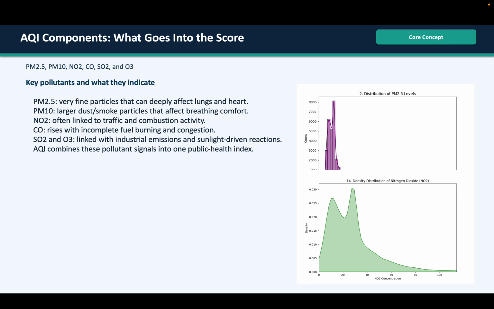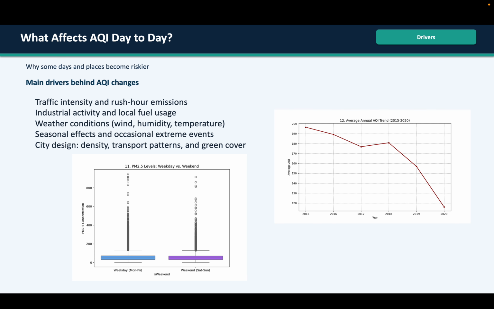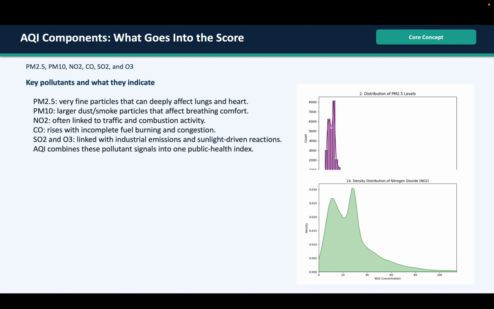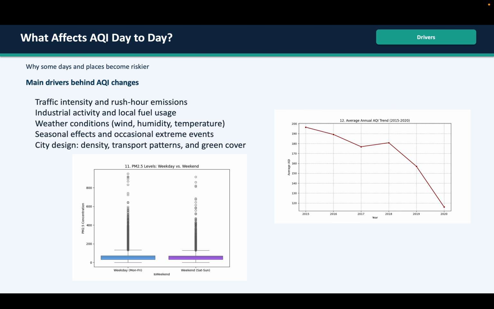PM10 is larger dust and smoke. Then there are NO2, nitrogen dioxide, carbon monoxide, SO2, and O3, that is ozone. These are all the factors that determine the AQI levels, and these are the factors that can be used to make the prediction of the AQI.